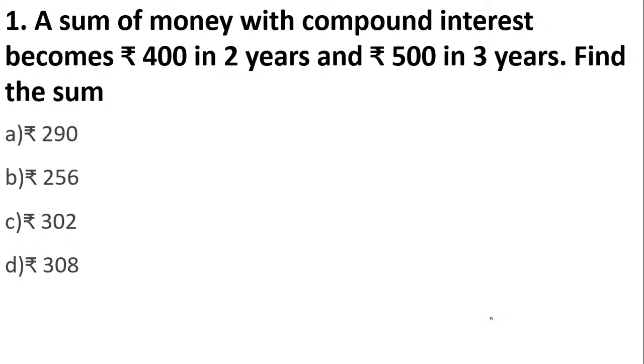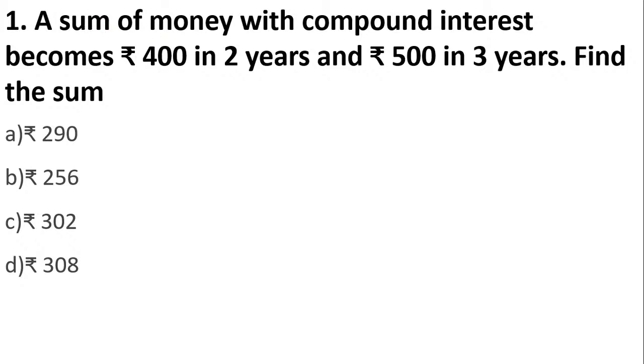Try to solve it. See, a sum of money with compound interest becomes 400 rupees in 2 years and 500 in 3 years. So here, first you have to figure out what all is given in the question. Amount is given. A sum of money means the principal.